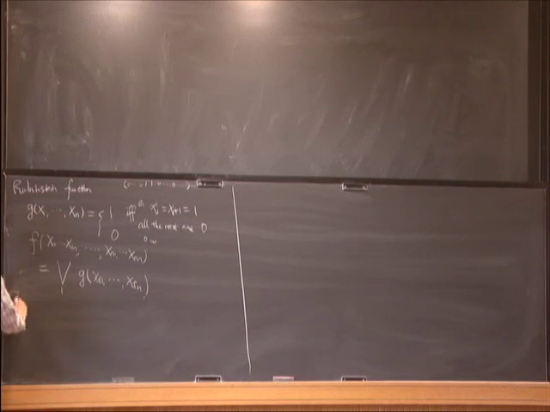Then I claim that if one of the rows has this property, I'm just talking about the definition, then it gives 1, otherwise it gives 0.